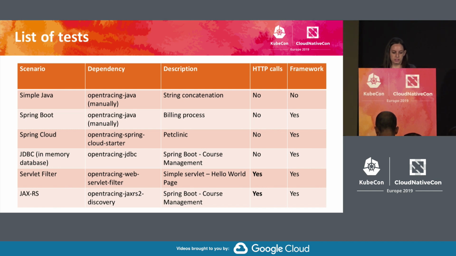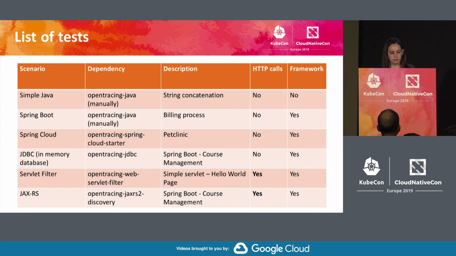For the last two sets of tests, Servlet Filter and JAX-RS, we did network calls. Part of the test executes an HTTP call to perform the test. In the case of Servlet Filter, we use the dependency OpenTracing Web Servlet Filter.